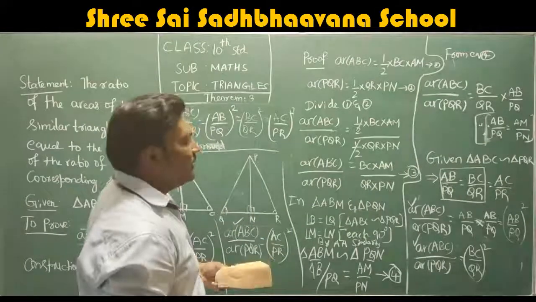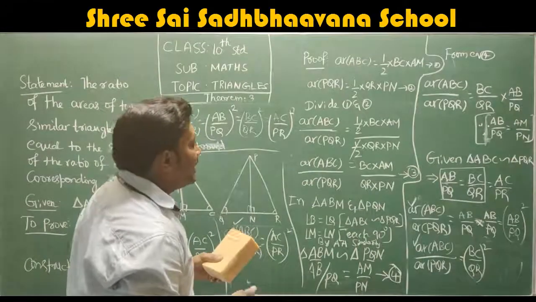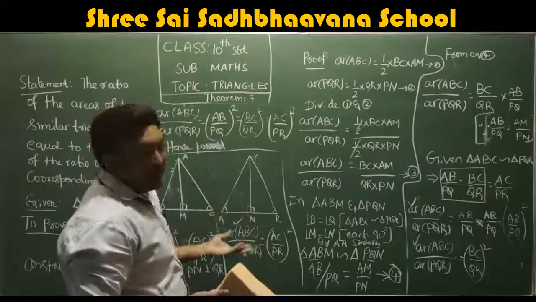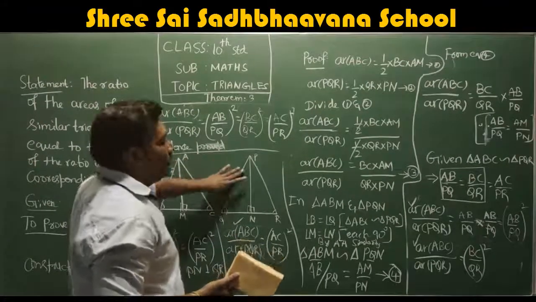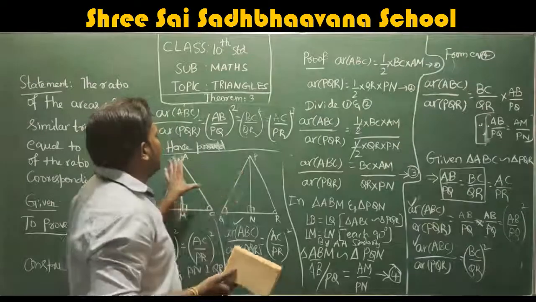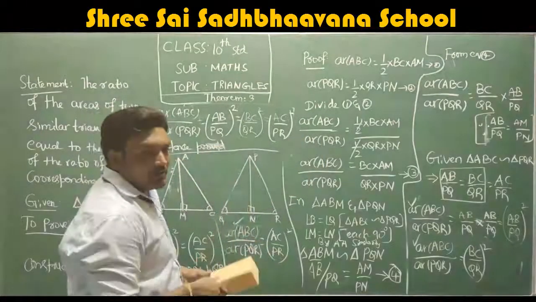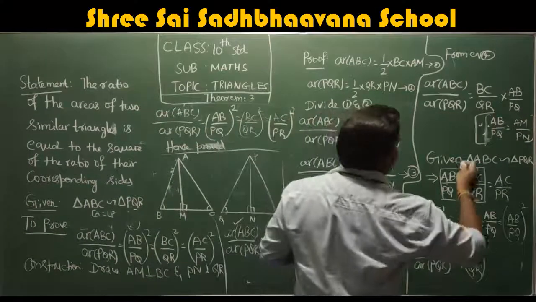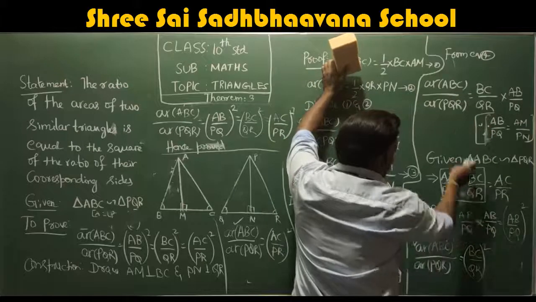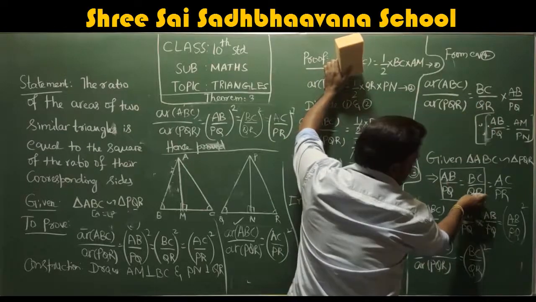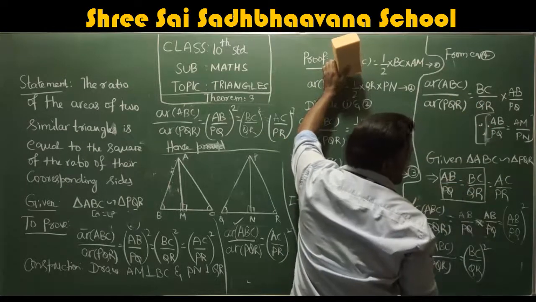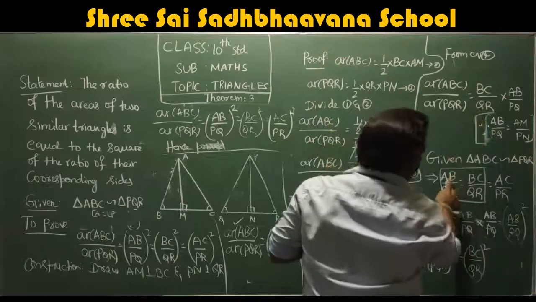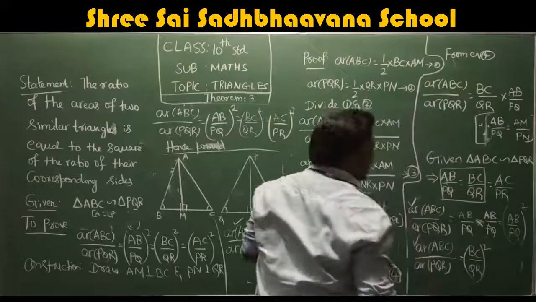And as these two triangles are similar, their corresponding ratios are equal: AB by PQ is equal to BC by QR, which is equal to AC by PR. So in the place of BC by QR, I can write AB by PQ. That's why I wrote AB by PQ whole square.